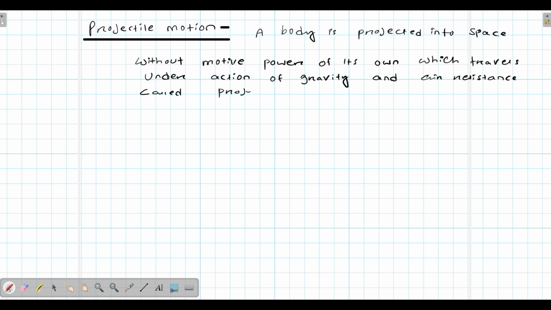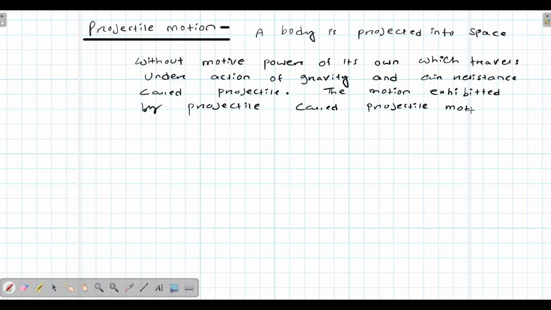The motion exhibited by a projectile is called projectile motion.